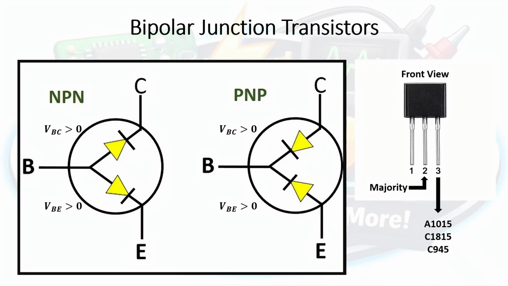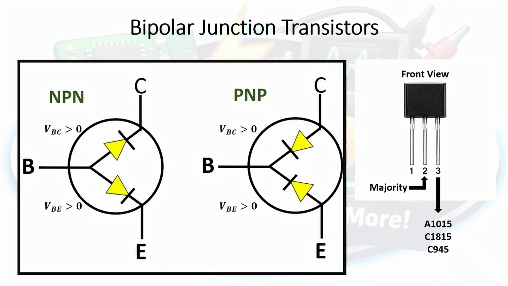Now, knowing that NPN and PNP transistors are actually composed of two diodes, you can clearly see here that for the NPN transistor, for the base collector voltage and the base emitter voltage to be both non-zero or positive, you need to forward bias both of these diodes.